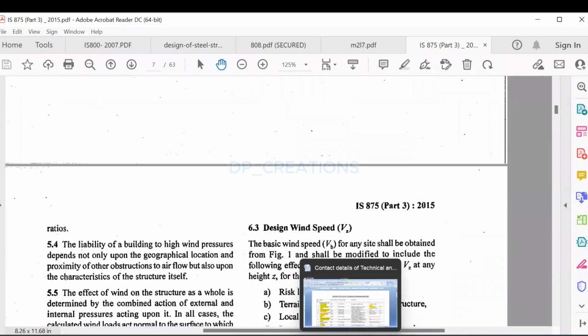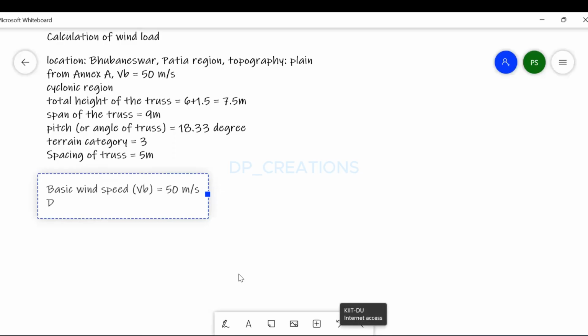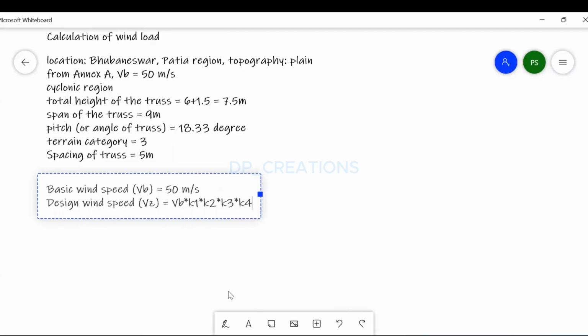Design wind speed. Designed wind speed Vz equals to Vb into K1 into K2 into K3 into K4. Okay.